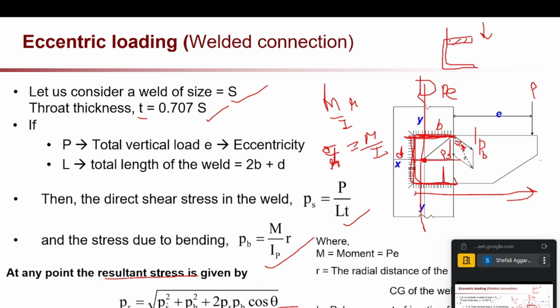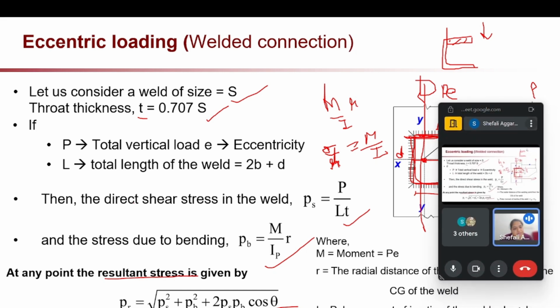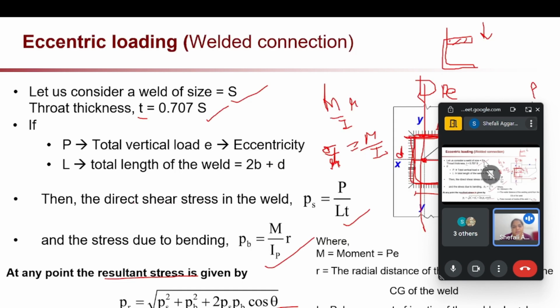So this is our resultant stress calculation, and IP is the polar moment of inertia for our weld, which is given by IXX plus IYY. We will see how to calculate it further, or normally it will be given in questions. This is what you might have studied in the previous week.